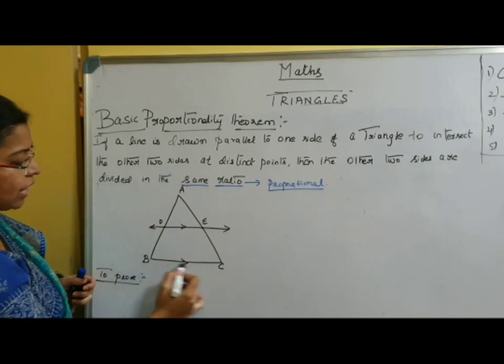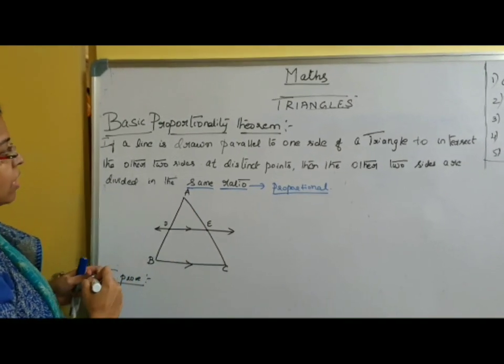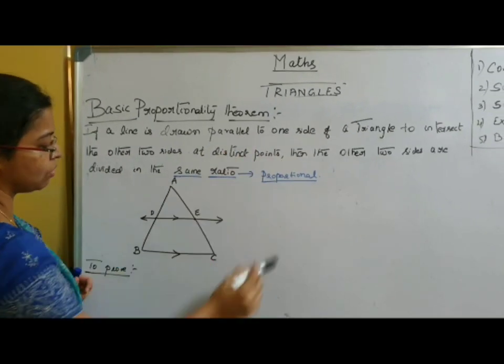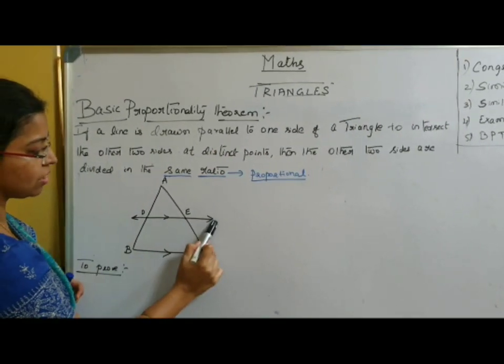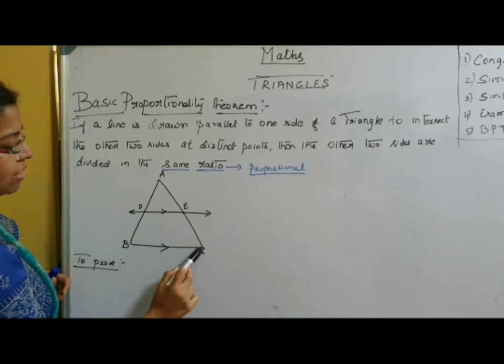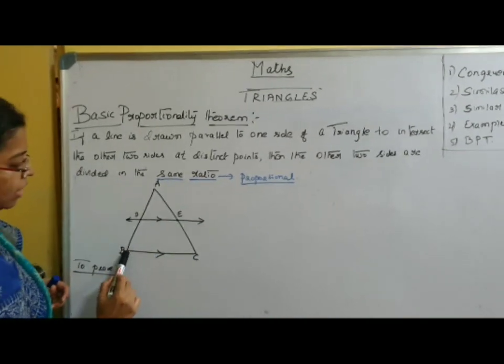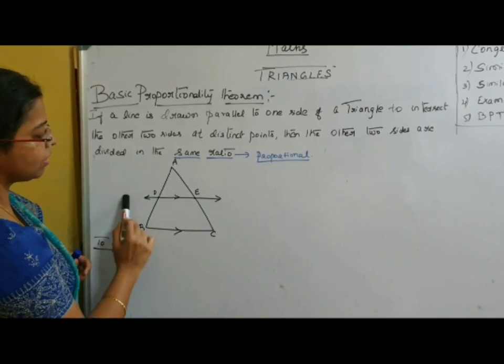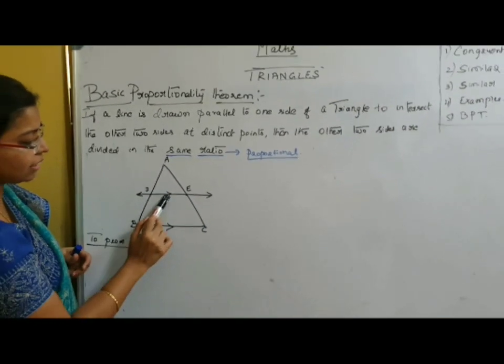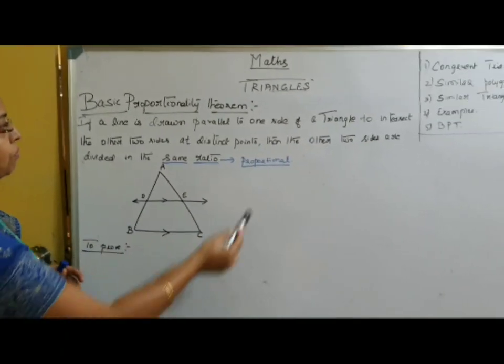Here consider the triangle ABC. What does the statement say? If a line is drawn parallel to one side of a triangle. So we have drawn a line which is parallel to BC. This is one of the sides of the triangle ABC. We will consider this side BC. We have drawn a line which is parallel to BC. These arrows indicate that these two lines are parallel.